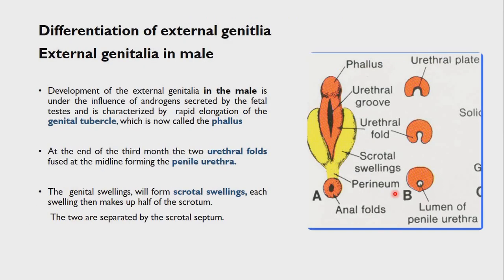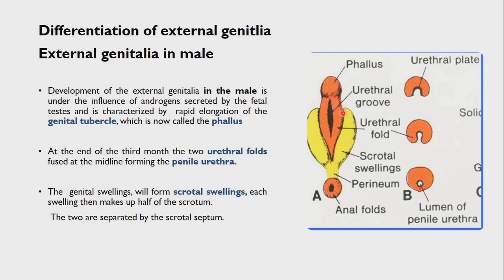Now, differentiation of external genitalia. First, the external genitalia in the male. There are 3 things. Number 1, in the male, under the effect of the androgen, which is secreted by the fetal testes, the genital tubercle will be elongated and it will form the phallus.